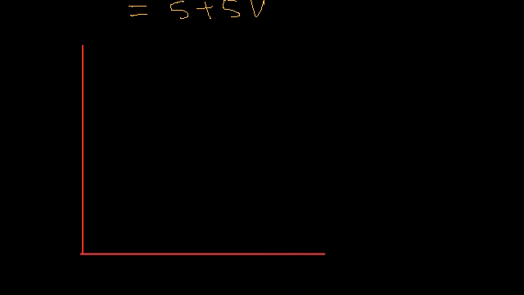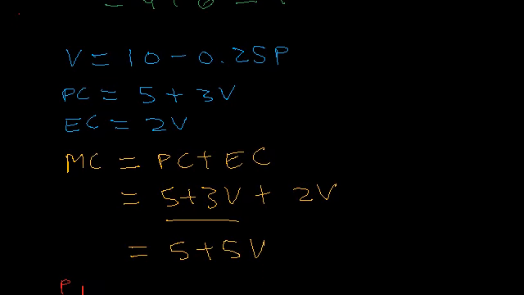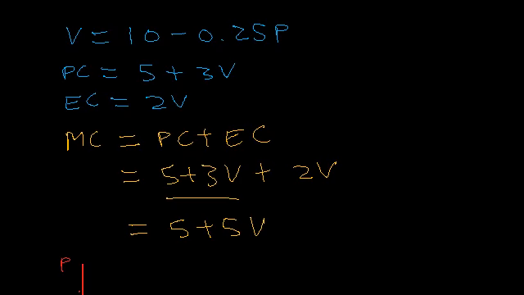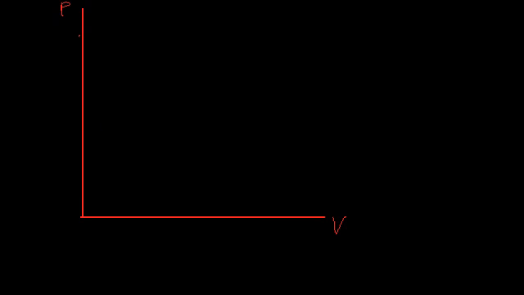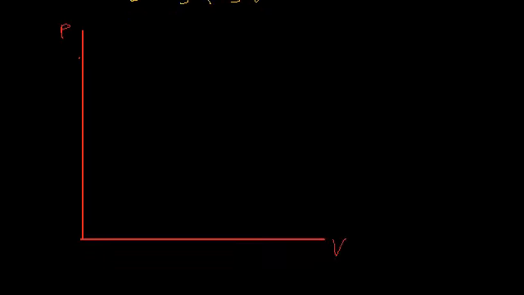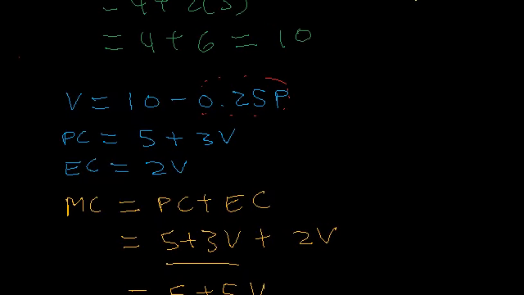Again, I'll put the price on the y-axis and the volume on the x-axis. We have V equals 10 minus 0.25P, so we need to find out what happens when P is equal to 0. If P is equal to 0, this term drops out right here, and we're just left with 10. So when P is equal to 0, V is equal to 10. Okay, and what happens when V is equal to 0?